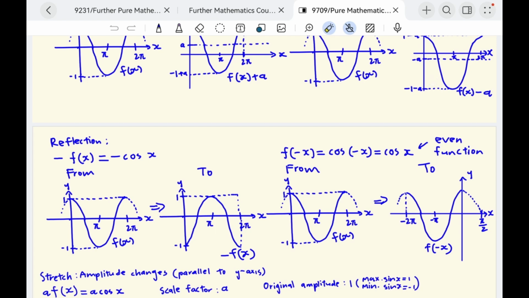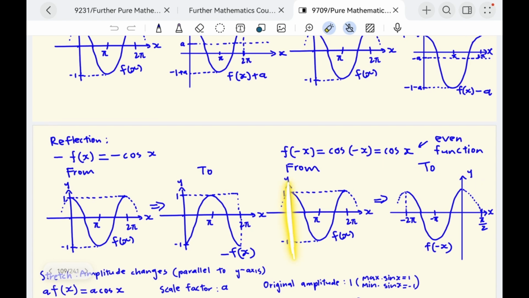But this is not the primary reason. The main argument is that cosine of negative x equals cosine x because you reflect the cosine graph on the y-axis, you reflect from here to the negative quadrants. And the negative quadrants you reflect to the other side.